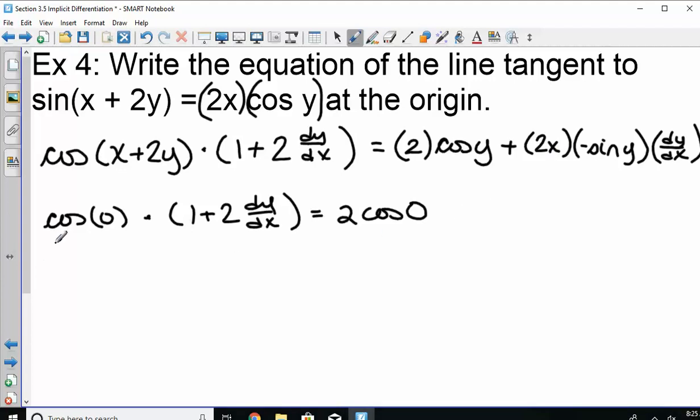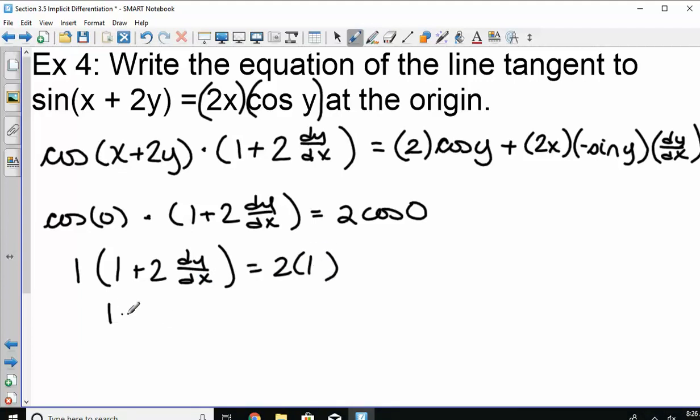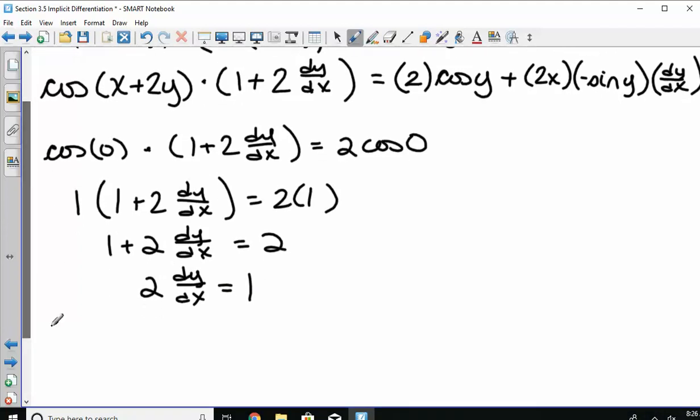That will all go away. What is the cosine of 0? 1.